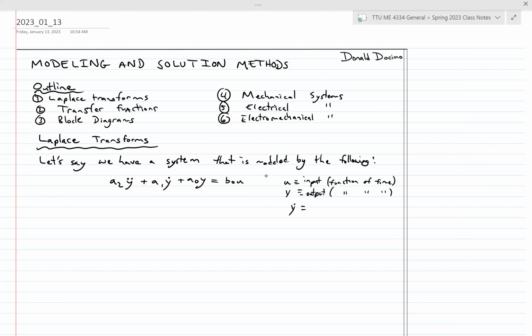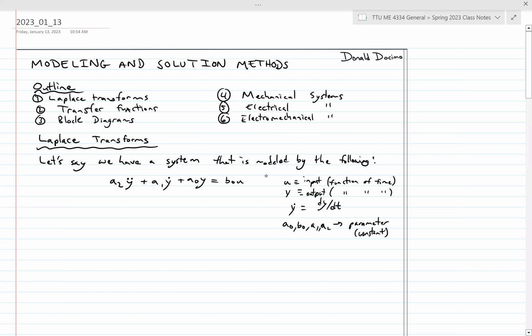Y dot is dy over dt, a derivative with respect to time. A0, B0, A1, and A2 are our parameters, which we're saying are constant. And then we also have initial conditions.